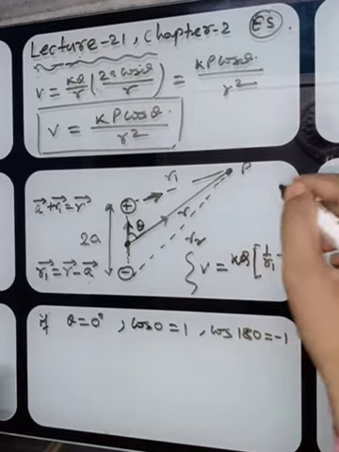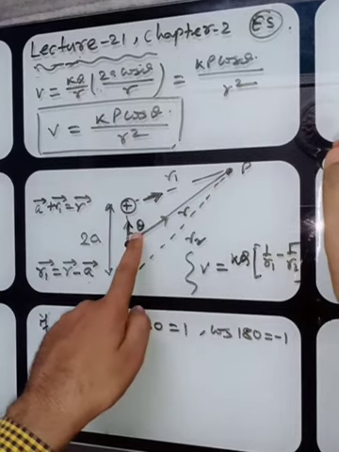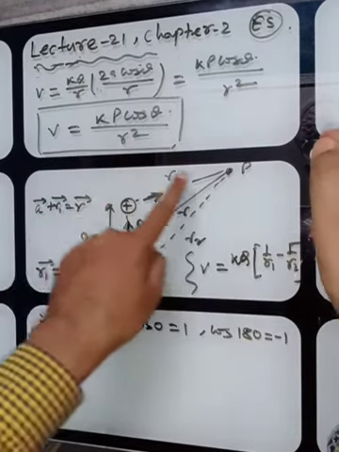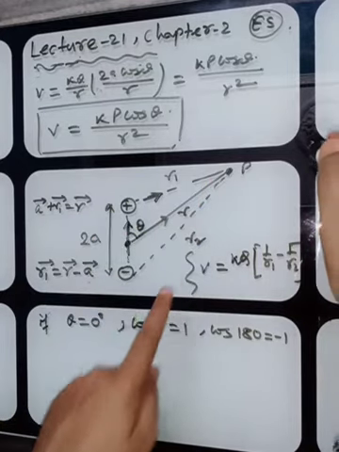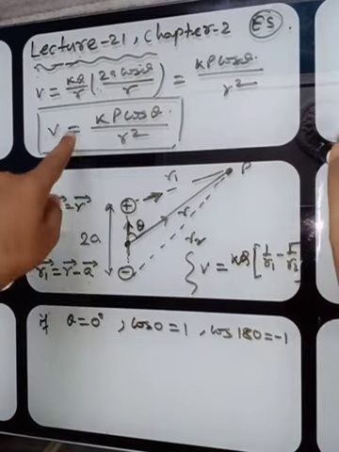If you are moving at 180, you are going towards the negative charge. If theta is 0, you are going near the positive charge, which gives you positive 1, and towards the negative charge it gives you negative 1, and that will make the result positive or negative.